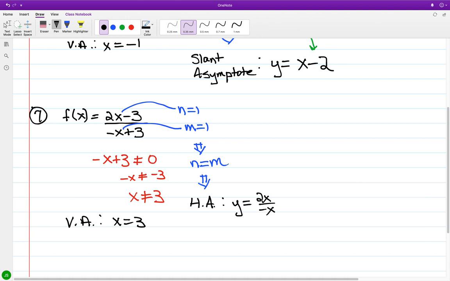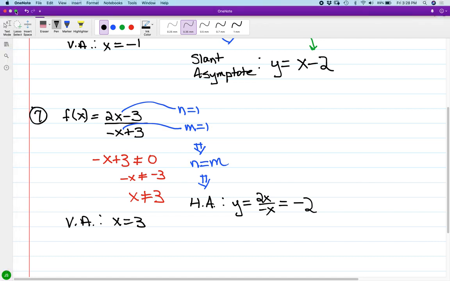We have 2x over negative x, and this reduces to negative 2. So we have a vertical asymptote at x equal to 3, and a horizontal asymptote at y equal to negative 2.